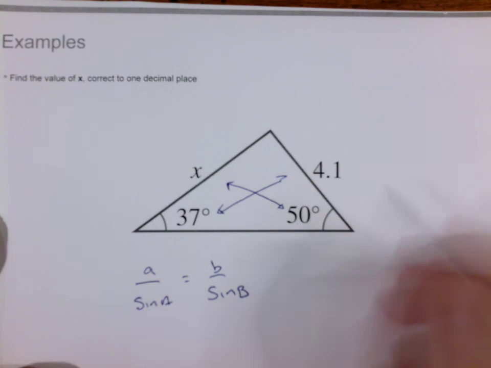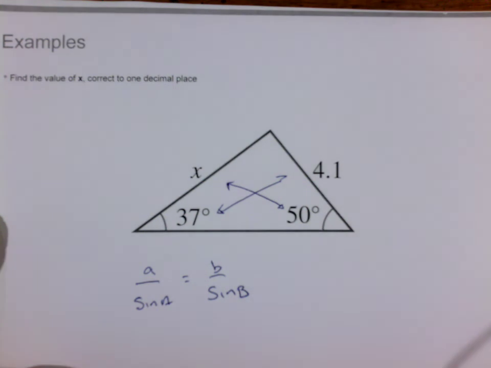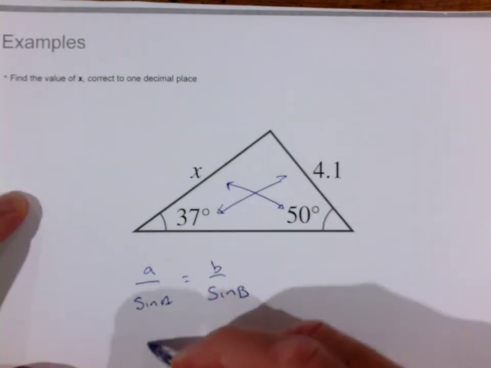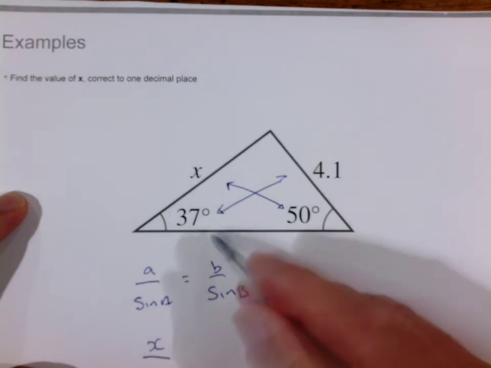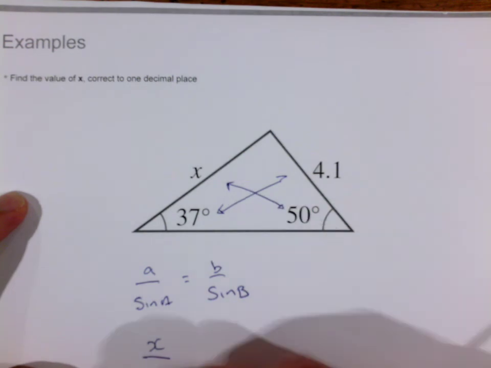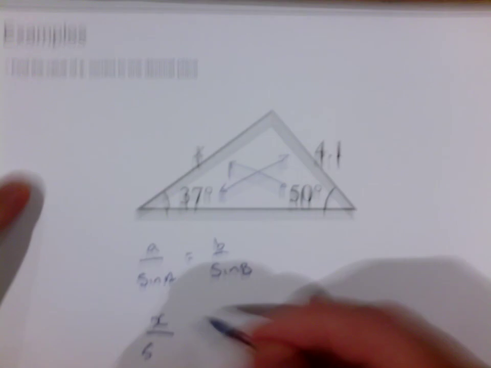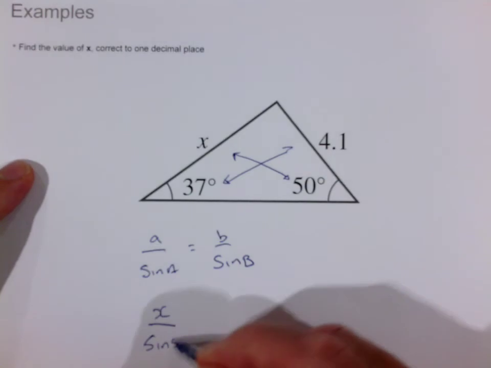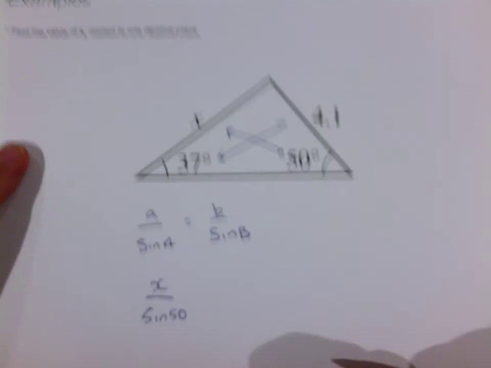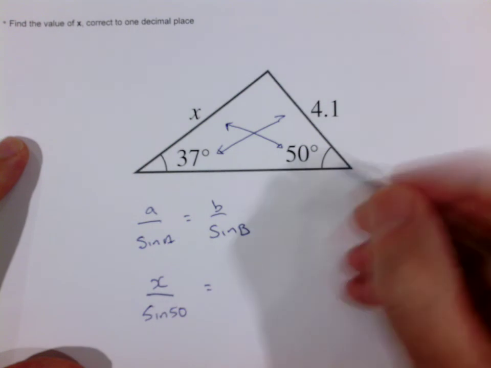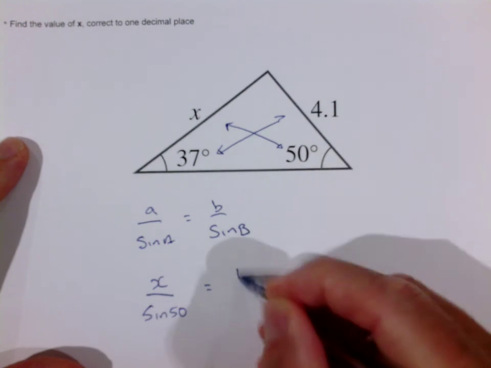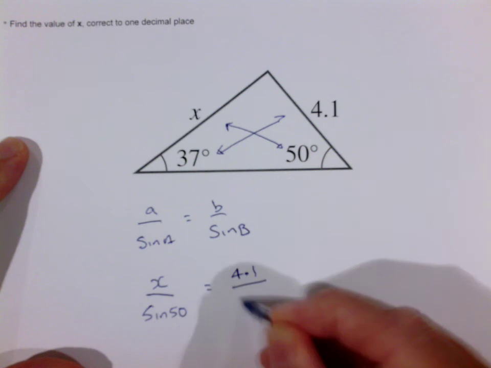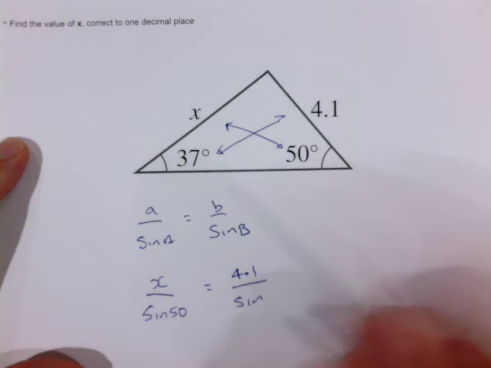Notice I'm not labeling A's and B's. I'm just thinking in terms of missing side over the sine of the one that's opposite it, sine 50, equals other side, 4.1, divided by the sine of the one opposite it, 37.